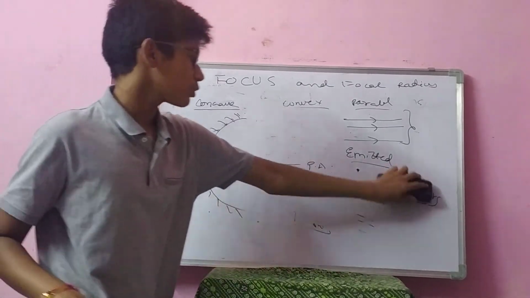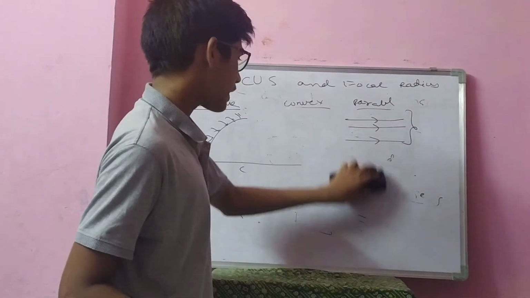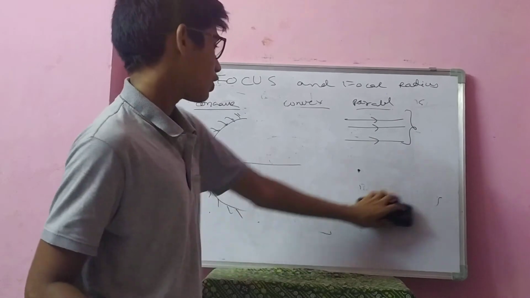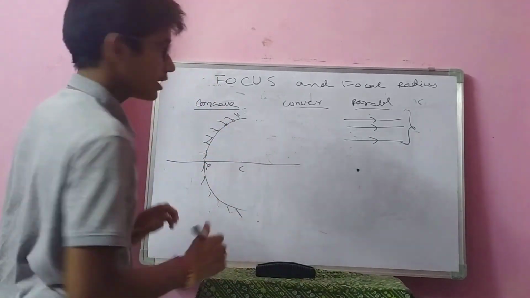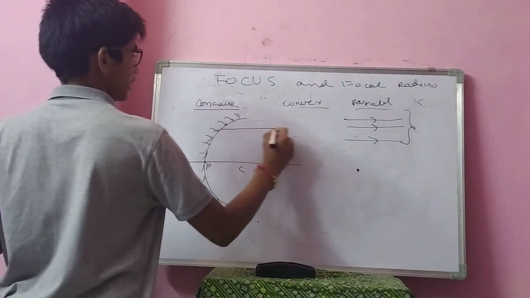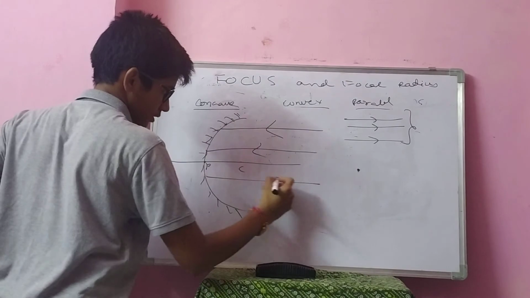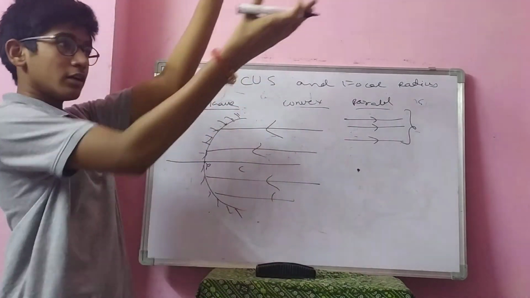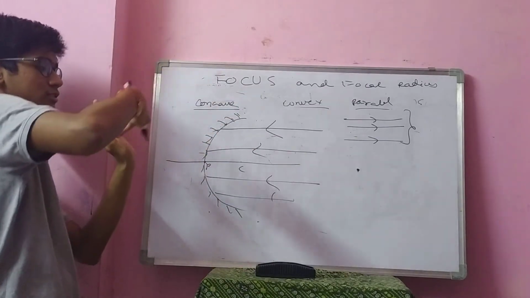Now I am considering those parallel rays. I am hitting those parallel rays towards my concave mirror, which I have in my pocket. I am placing it towards the sun. Those parallel rays come, many, n number of rays will come and hit my concave mirror like this.